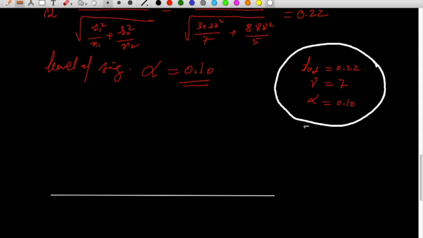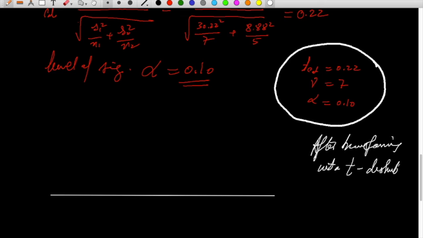Because we have already transformed into the t distribution, the distribution will look like this, for the particular value 7, mean 0, on the t axis.